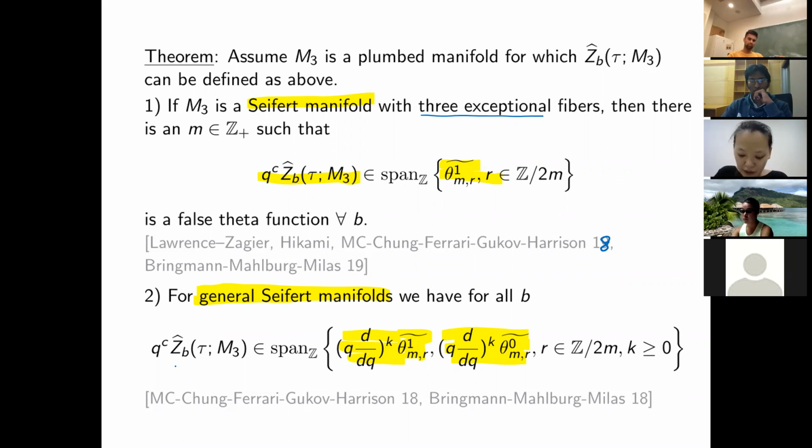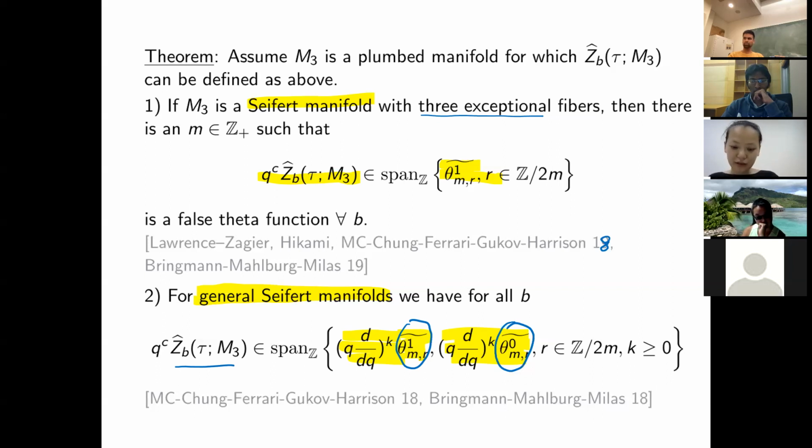We have, again, for all the Z hats, a linear combination of false theta functions that we have seen before and the Eichler integral of the weight 1/2 theta function, but also theta-like functions and their derivatives.